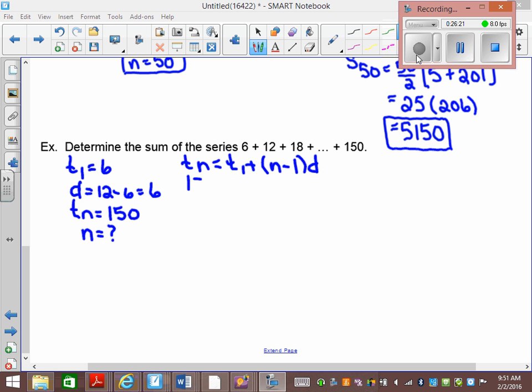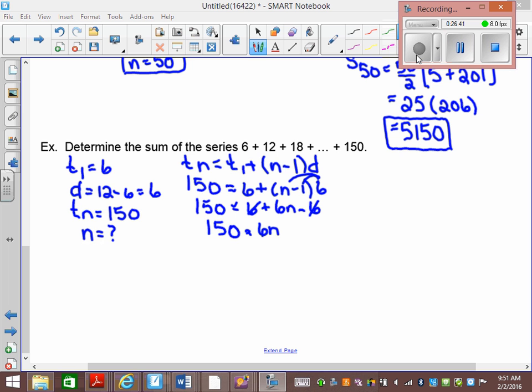Tn is 150 equals T1, which is 6, plus (n minus 1), and d is 6. 150 equals 6 plus 6n minus 6. Let's cancel. So I get 150 divided by 6. Is that 25? Yeah, you had said it was 25.